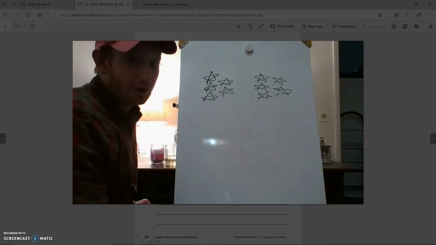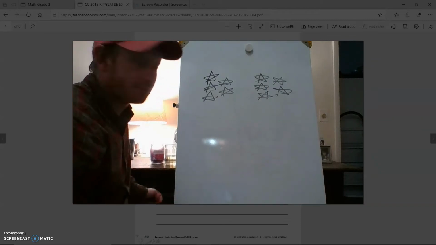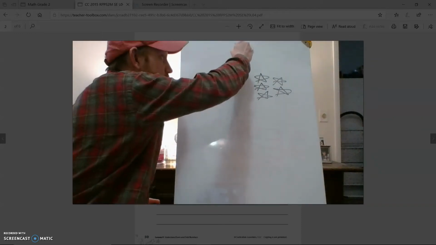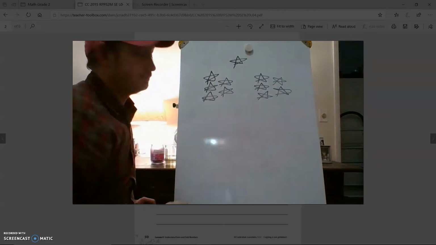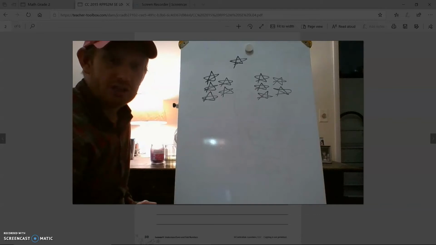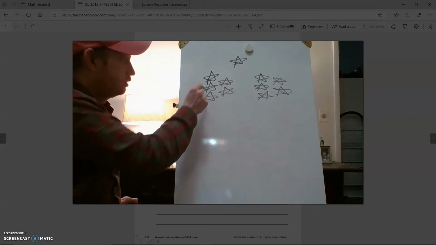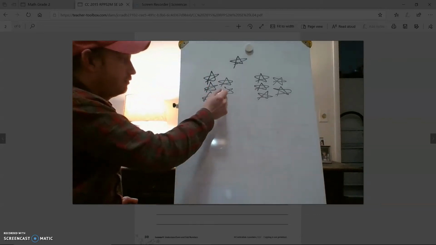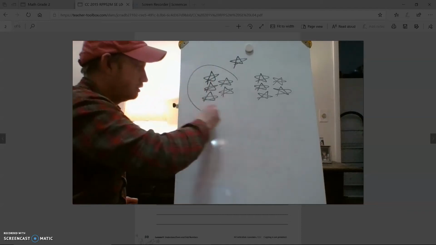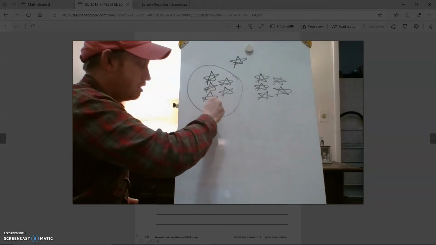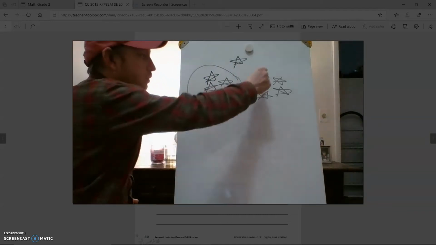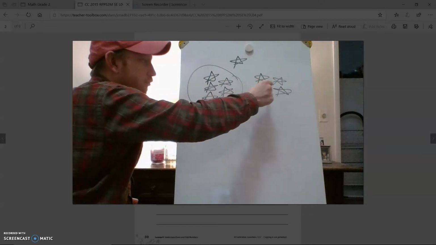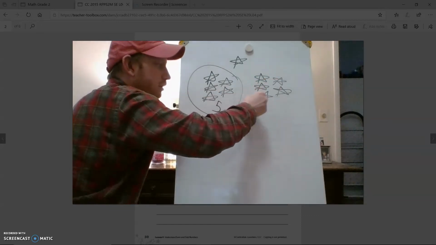There's some ugly stars, but it's okay, we're doing math. And then we had 1 star at the top. So if we count our even groups, we have 1, 2, 3, 4, 5. And then on our other group, we have 1, 2, 3, 4, 5.